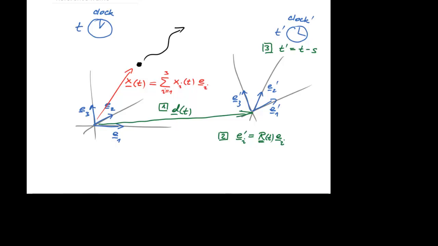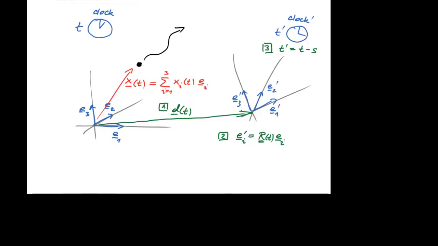Another question, similar in spirit, concerns the relationship between the new basis vectors and the old basis vectors. I said the new ones are related to the old ones by a rotation. Now rotation is represented by an orthogonal matrix, and an orthogonal matrix preserves lengths and angles.